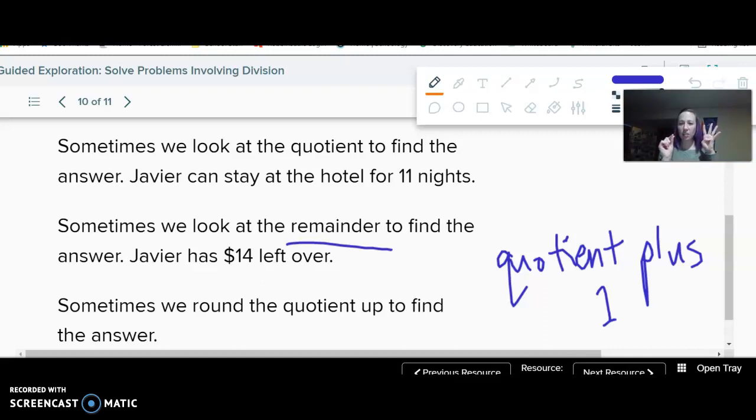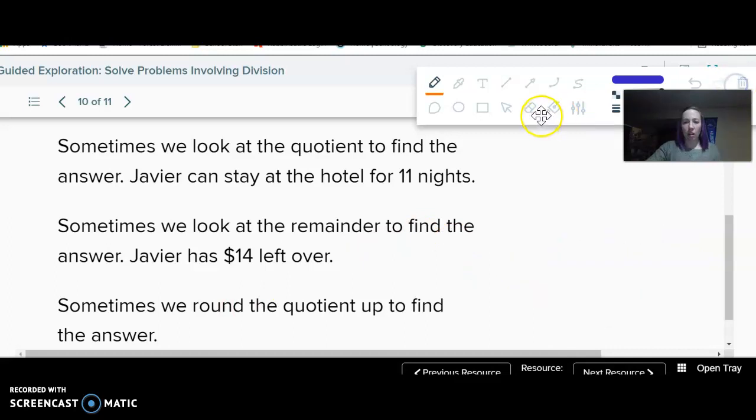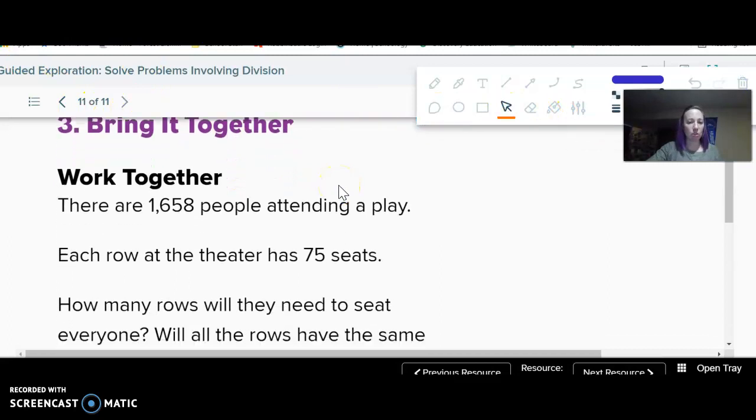But then I have that extra book, because remember I had 21? I would need another box. It just wouldn't be a full box. So I would actually need 5 boxes, even though I'd have some space in the last one. That's what we mean with plus 1. You'd get 4 remainder 1 as your answer, and then we would need to add 1 and get 5. Again, I'll show you an example. That should help you know what I'm talking about.